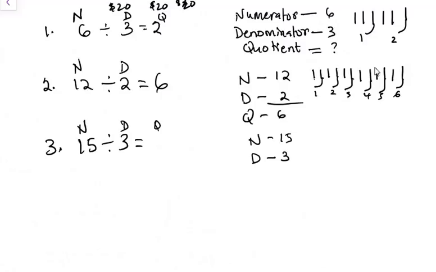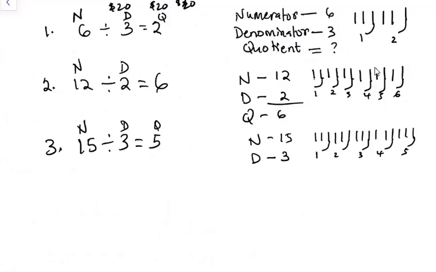And what will be the quotient? We'll break it down. 1, 2, 3, 4, 5, 6, 7, 8, 9, 10, 11, 12, 13, 14, 15. So the next question we ask again is, how many times can we find 3 in this 15? Then we follow the same pattern. You count 1, 2, 3 every time. And then you can see we have 1, 2, 3, 4, 5. So we can see it 5 times.